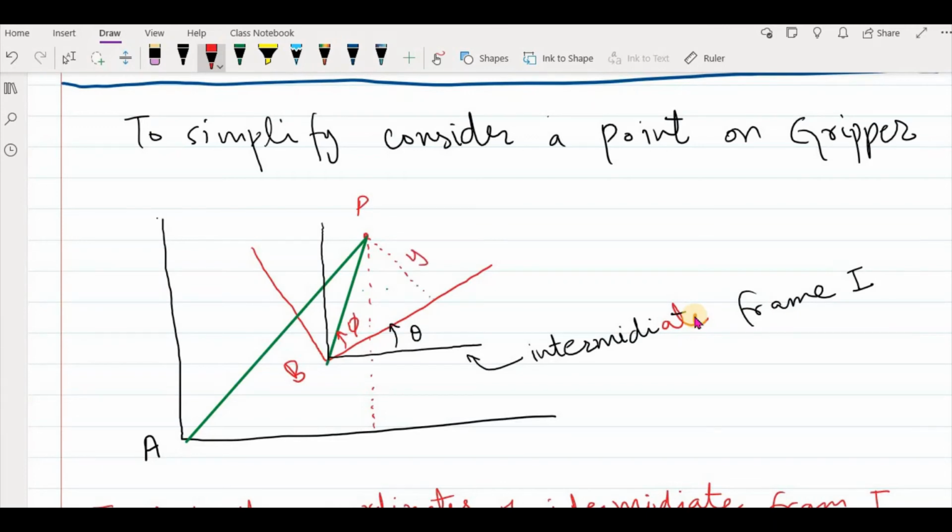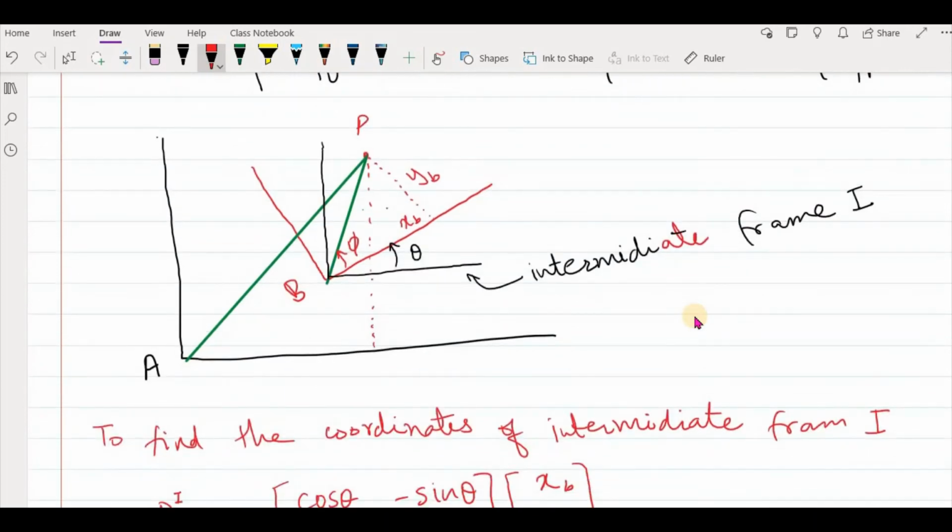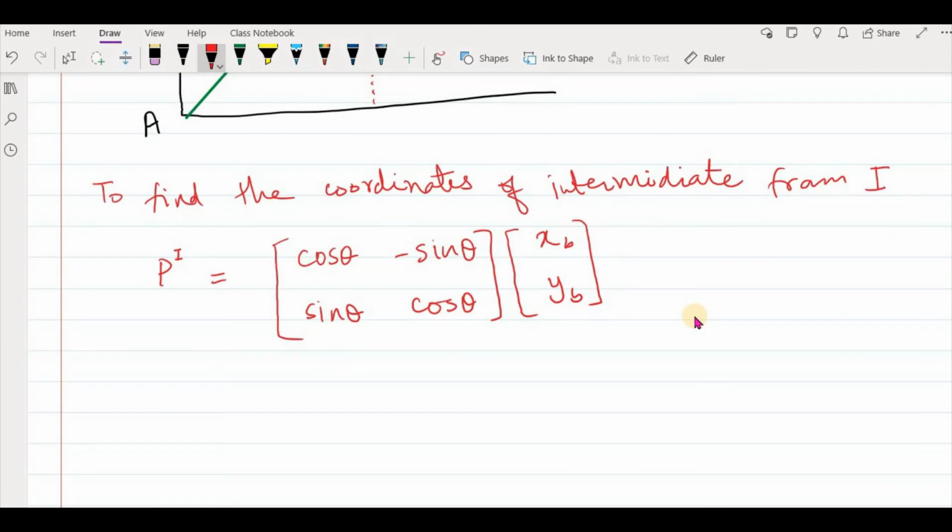This is YB, and this length is XB. So we know the X, Y components in frame B. All we want is to find the components in frame I.